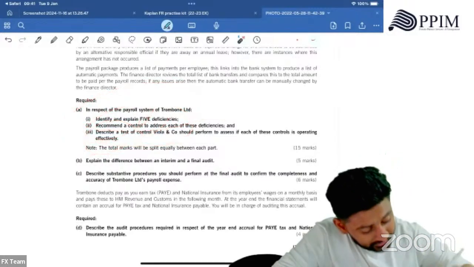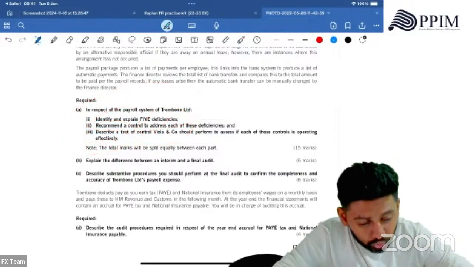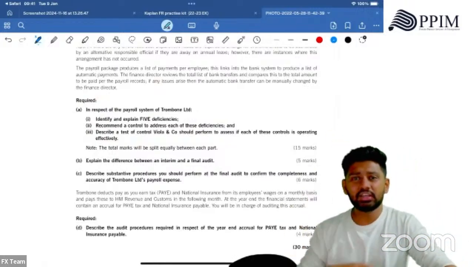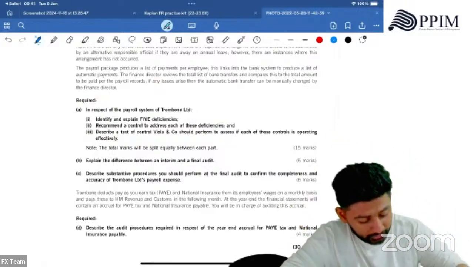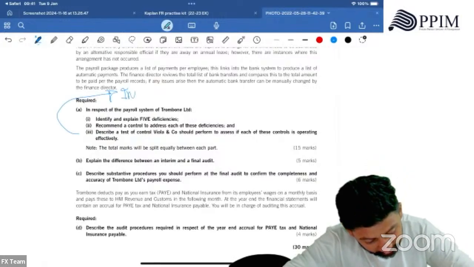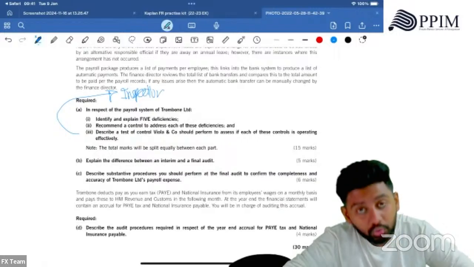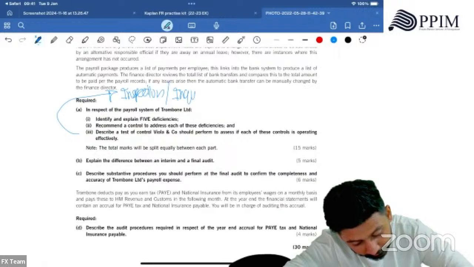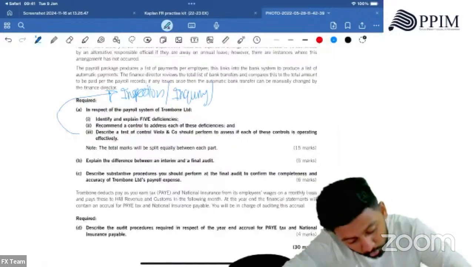In the exam, when it comes to test of control, I would recommend you to use inspection. You can inspect overtime record sheets. You can do an inquiry. You can do an observation.